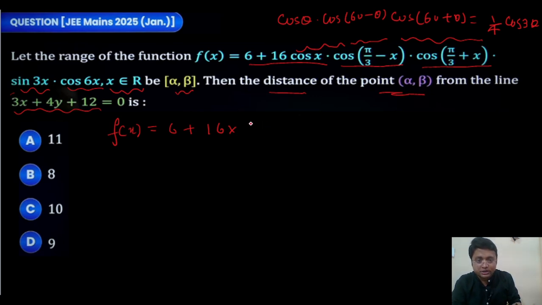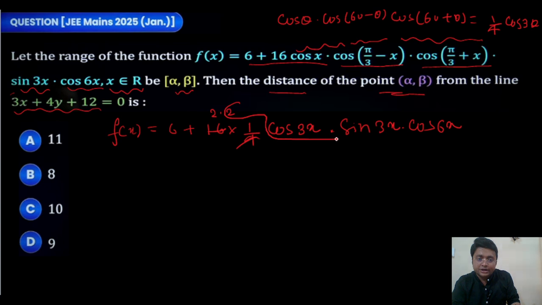So you will write 16 into 1/4 cos 3x. Now sin 3x and cos 6x remain as they are. Now 4 and 4 cancel, so you can write 2 into 2, and these two you can give to this.